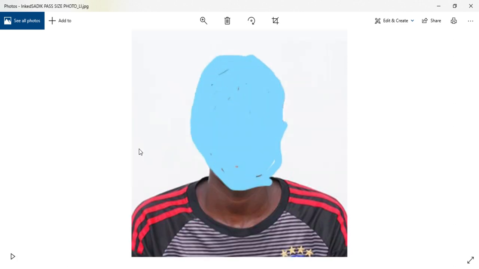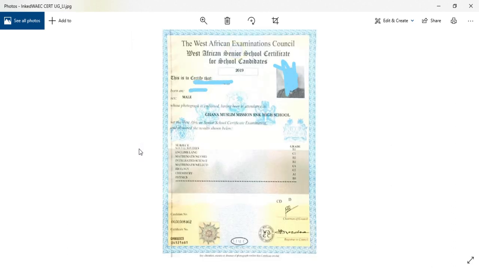This is how a clear passport picture looks. Then you have your high school certificate or its equivalent, depending on your country and the scheme they use in their educational system.